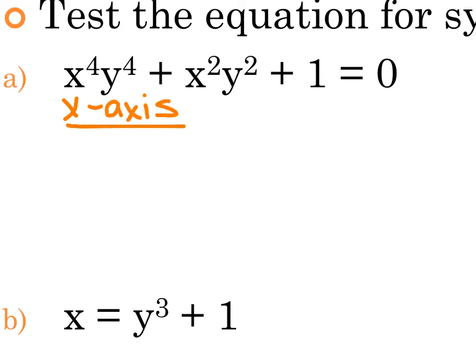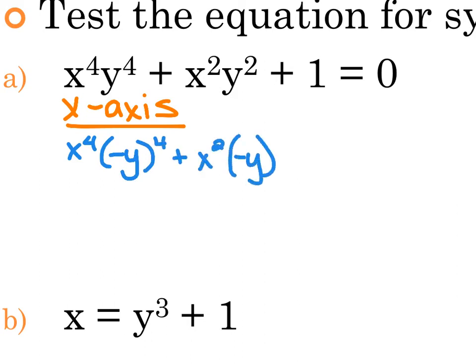What do I change if I'm doing the x? The y. So I go x to the fourth, plug in a negative y to the fourth, plus x to the second, plug in a negative y to the second, plus 1 equals 0. Make sure you keep them in parentheses because, again, those are two different things. So what happens if a negative number is raised to an even power?